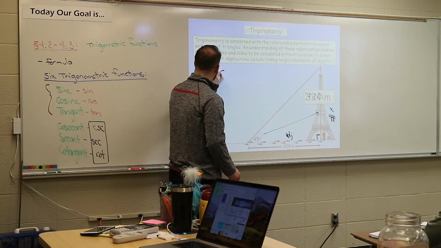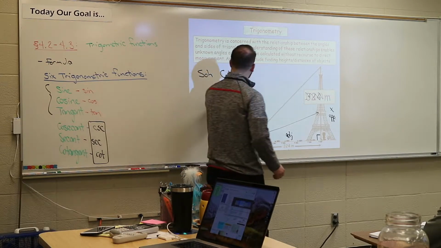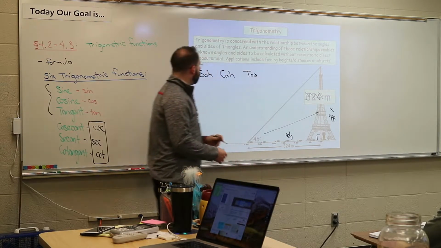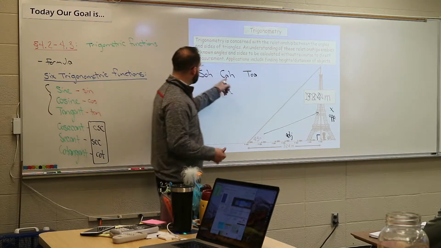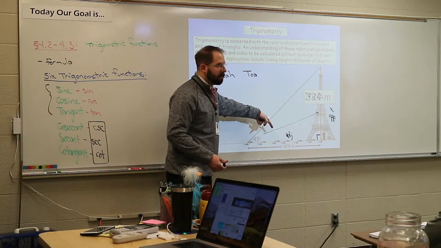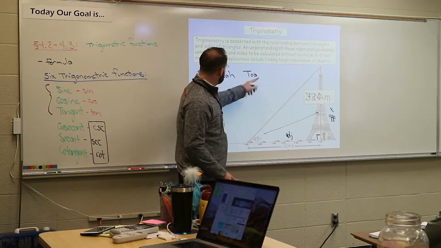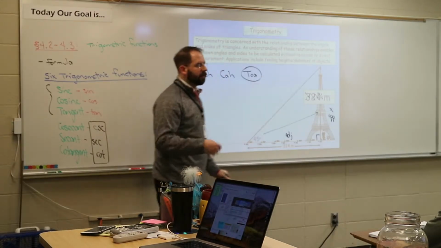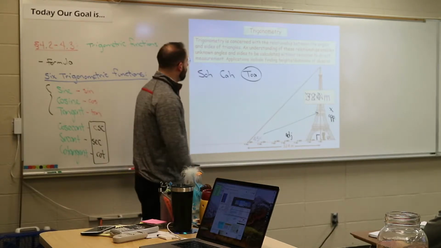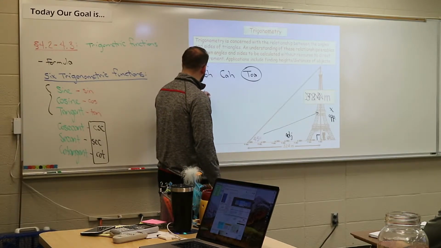And so if we're thinking about SOHCAHTOA, we could find which trig function to use based on the labels on my picture. So this one's using opposite and adjacent, so which one should we use? TOA. That's the one that uses O and A. Okay? So I would be using tangent, right? That's what the T stands for.